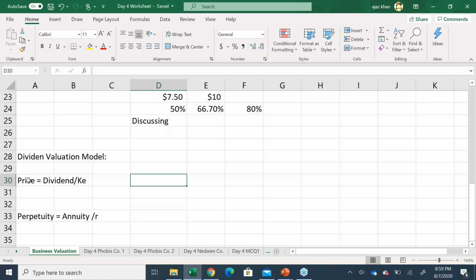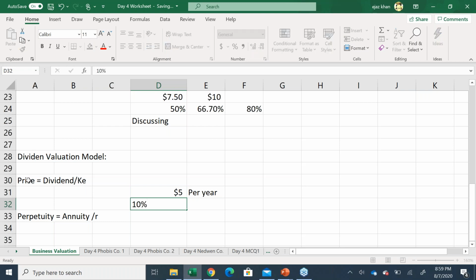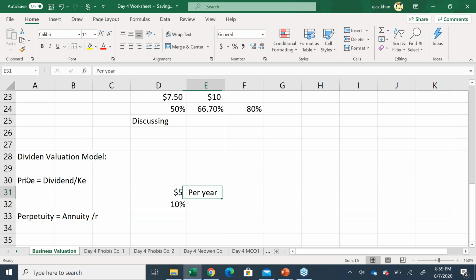So let's say, for example, a company is paying dividends of $5 per year forever, and the cost of equity is, let's say, 10%. What is going to be the share price of this company? If the dividend per share, DPS, is $5 and the cost of equity, the return on equity, is 10%, then what's the price?